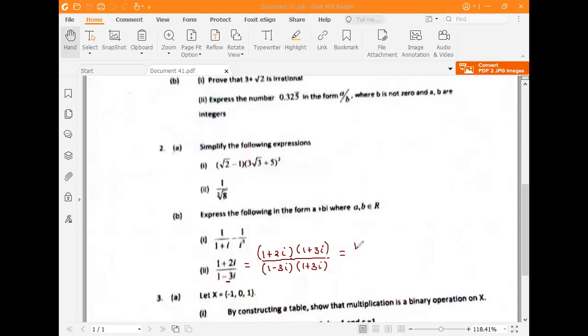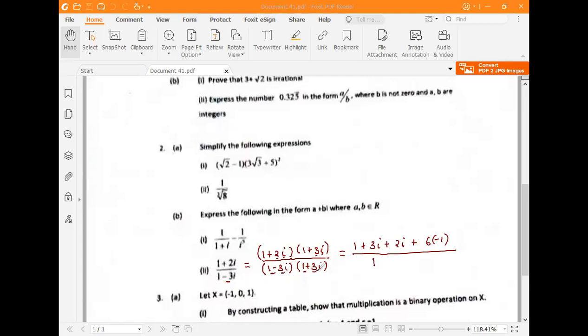So we have 1 times 1, plus 1 times 3I, plus 2I times 1, I, then 2 times 3, 6, I times I, negative 1, over 1 times 1, 1.